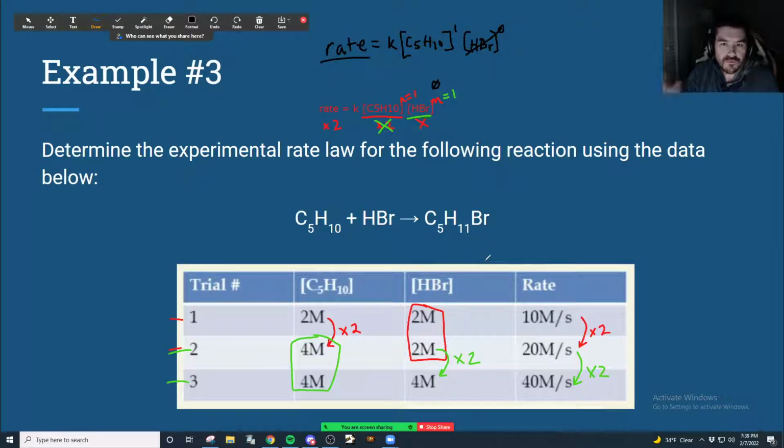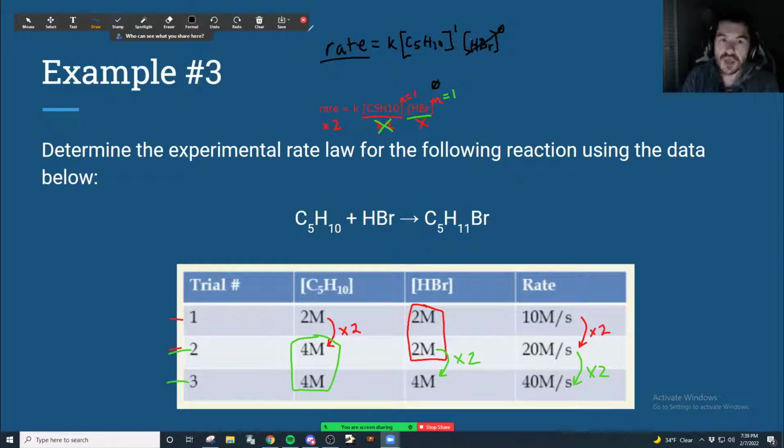So if m were 0, then this would do nothing. It would go from 20 to 20, right? It doesn't matter what you do with this concentration of HBr. It's going to be 20 100% of the time, right? It literally doesn't matter. So that's what we would expect with a 0th order situation.